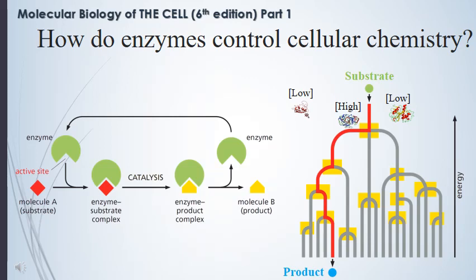And now we have 3 different enzymes, and one of the enzymes is at high concentrations. So the likelihood of that high concentration enzyme to interact with the substrate is much greater than that of enzymes of lower concentration that will have a different product.